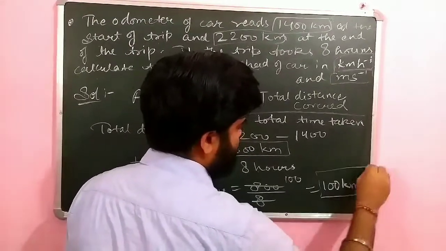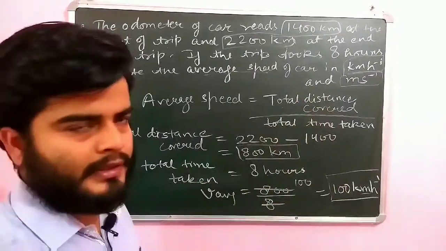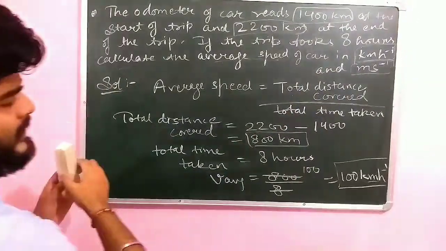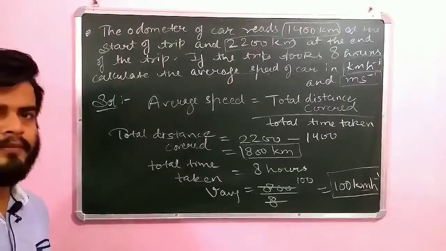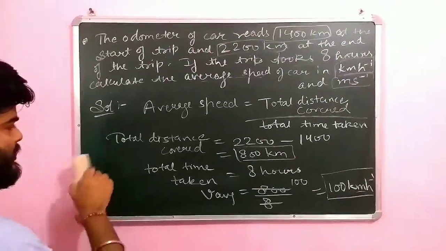This is its speed in terms of kilometer per hour. Let us find out average speed in terms of meter per second now. Note it down, take a screenshot by pausing your video. I hope you have taken the screenshot.